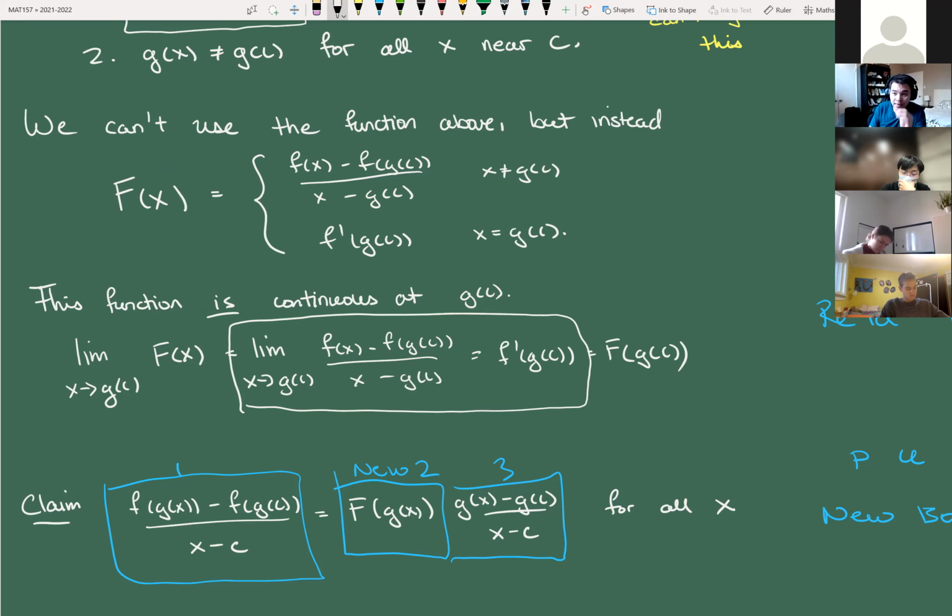And in order for big F to be continuous, that has to be equal to big F of g of c. So that's why we choose little f prime g of c.